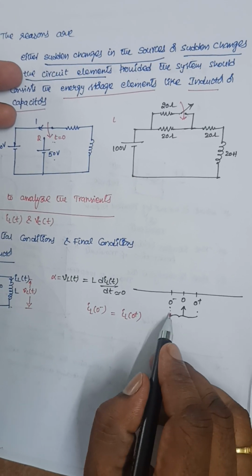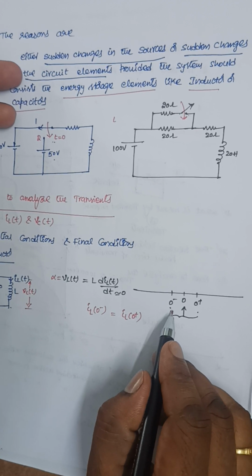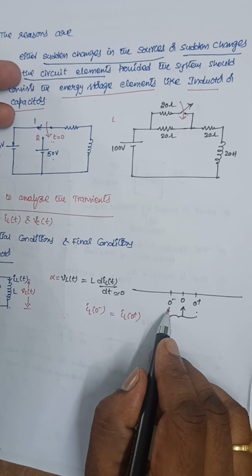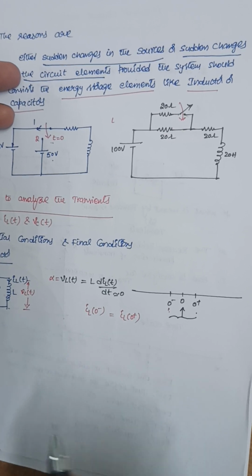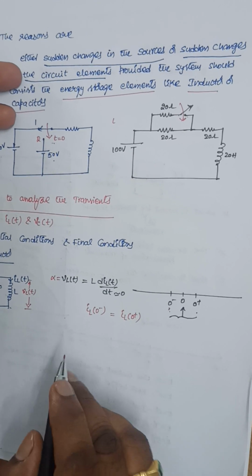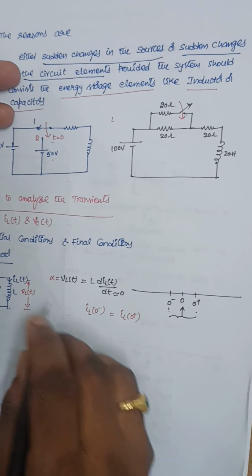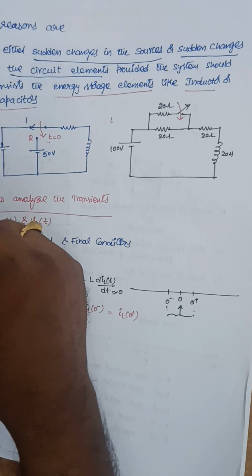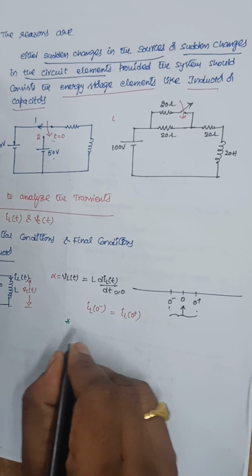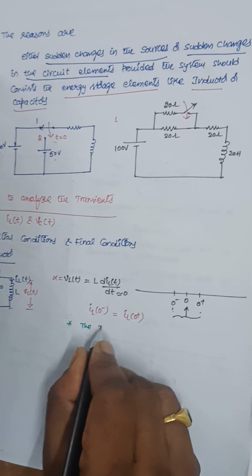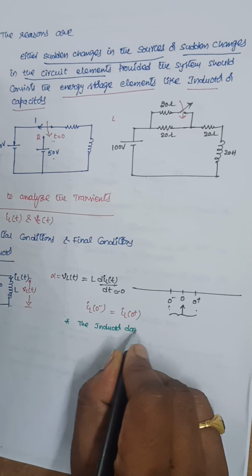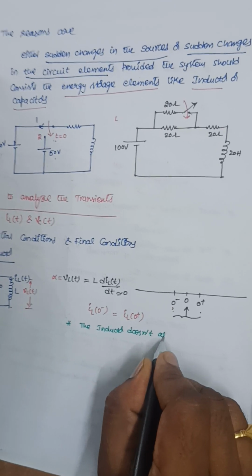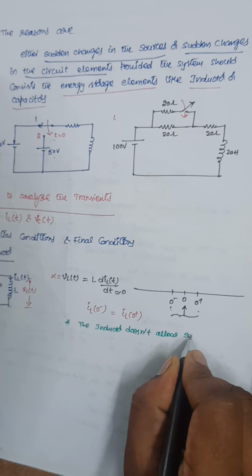That means whatever current is flowing just before the switching action is done, just after the switching action the same current will flow through the inductor. This is an important point: the inductor doesn't allow sudden changes in the current.